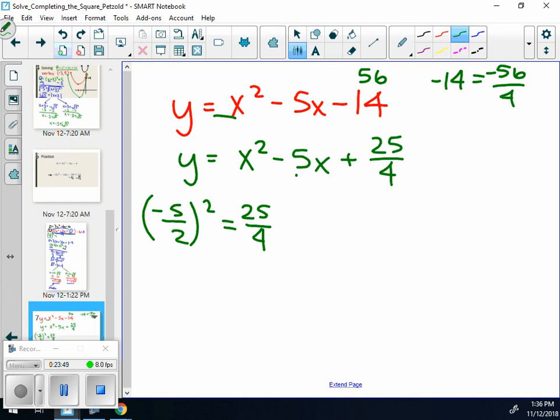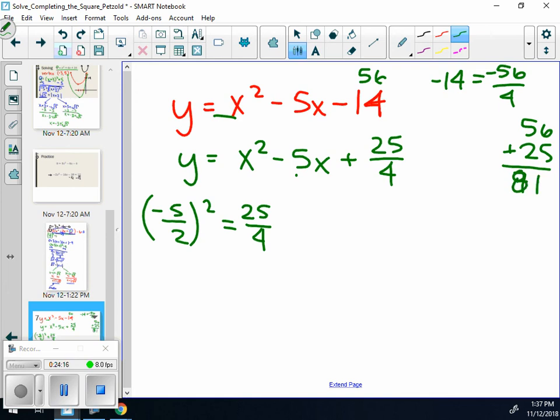So here that means, if this is negative 56 over 4, and we need to get to 25 over 4, how do you get from negative 56 to positive 25? That would be like 56 plus 25. That would be 81.